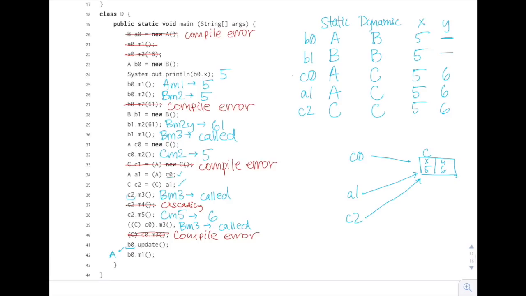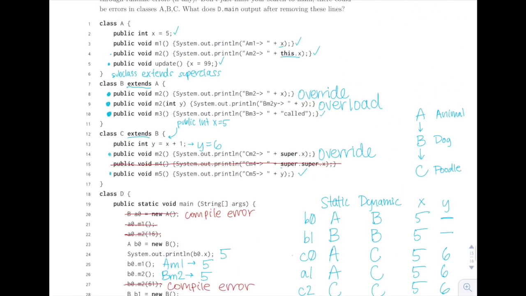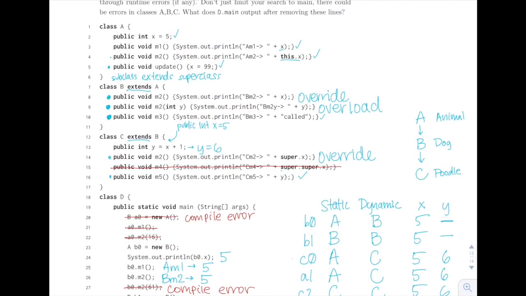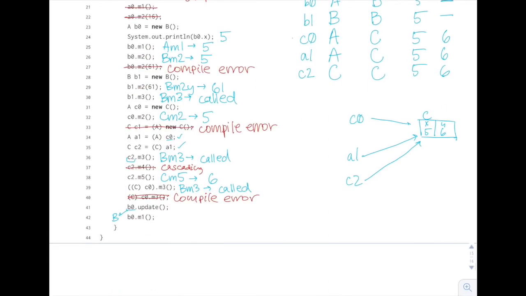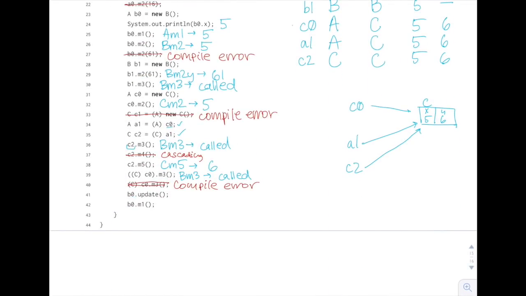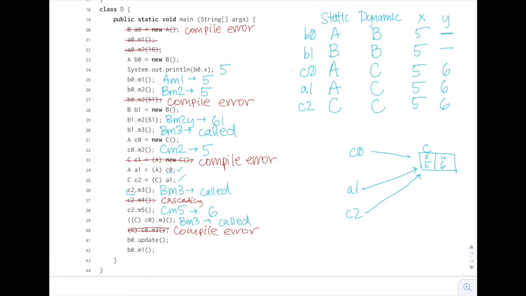And then during execution time, we're like, what is the dynamic type of B0? And it's a B. And so we'll look inside of the class B just in case update is overridden, and it's not. So we use A's update, and we set X to be 99. Okay, so up in our chart, X shall be 99.